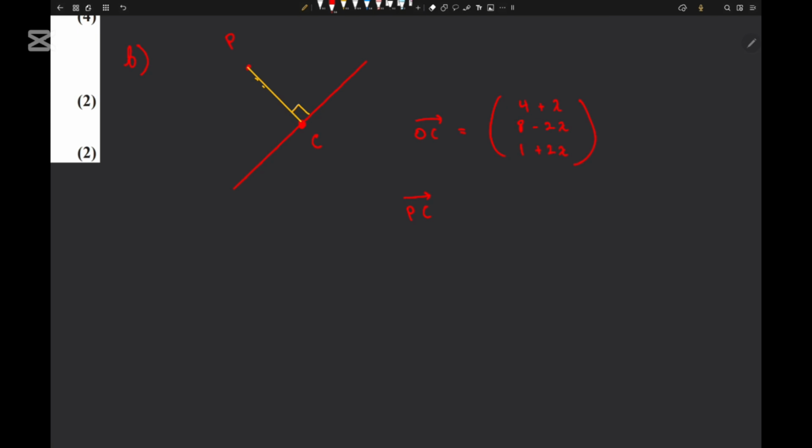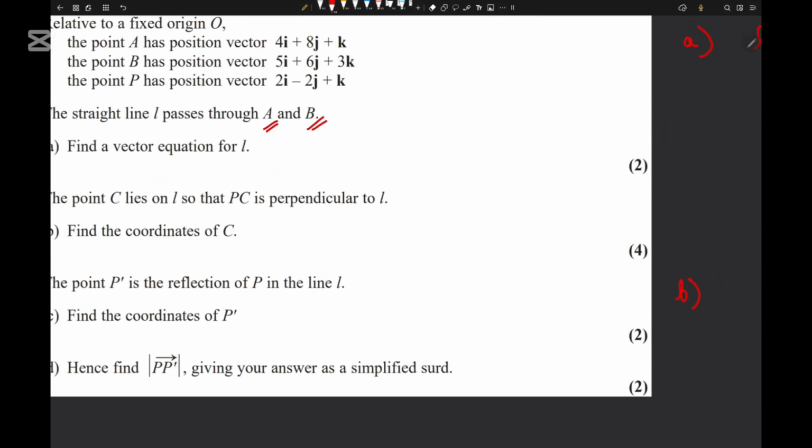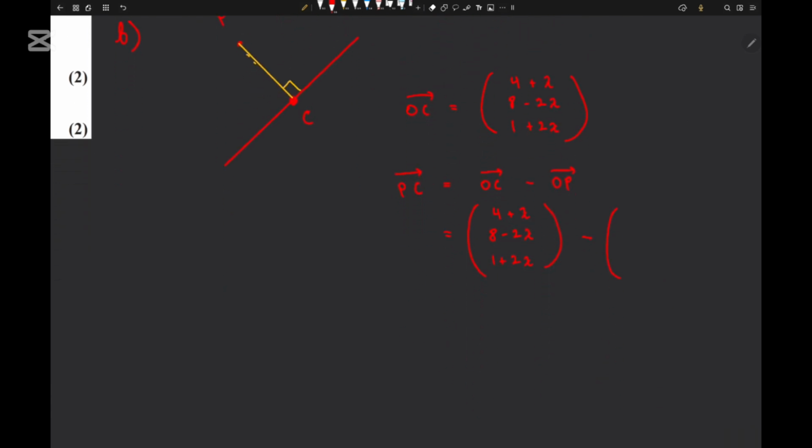The PC vector can be written as OC vector minus the OP vector. We know that the OC vector is (4 plus lambda, 8 minus 2 lambda, 1 plus 2 lambda) minus the OP vector. The OP vector is (2, -2, 1).